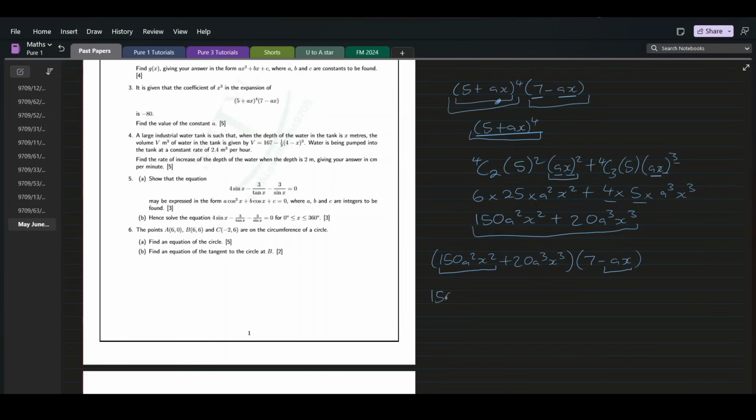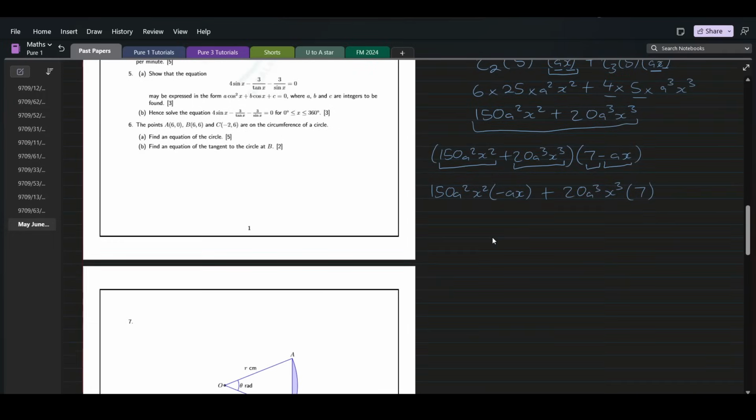So we have 150 a squared x squared multiplied by negative ax, plus we can also get a term in x cubed by multiplying this term by this term. So that's 20a cubed x cubed multiplied by 7. Okay, now let's simplify that. So that is negative 150 a cubed x cubed, plus we've got 20 times 7, so that's 140, and this is a cubed x cubed.